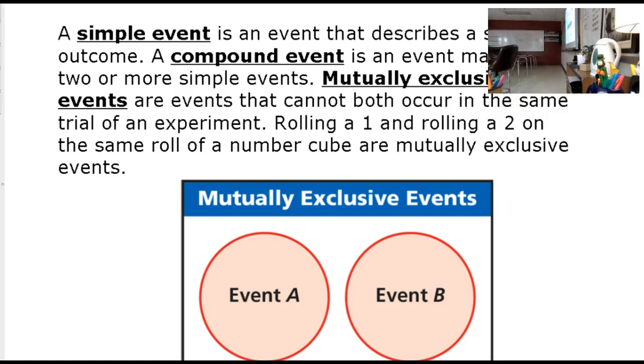Mutually exclusive events are events that cannot both occur in the same trial. For example, rolling a 1 and rolling a 2 on the same die. You can't do that, right? It either has to be a 1 or a 2, so they're not shared.